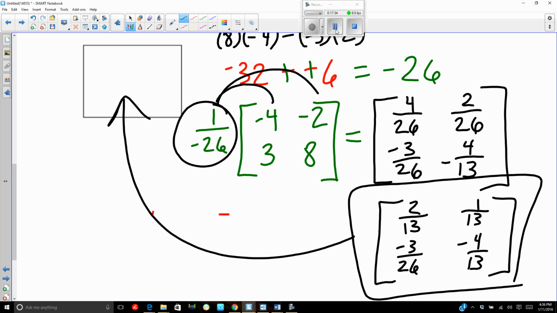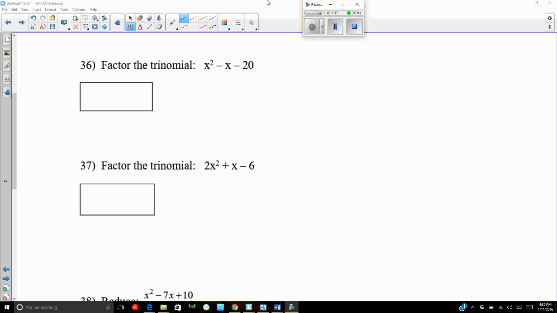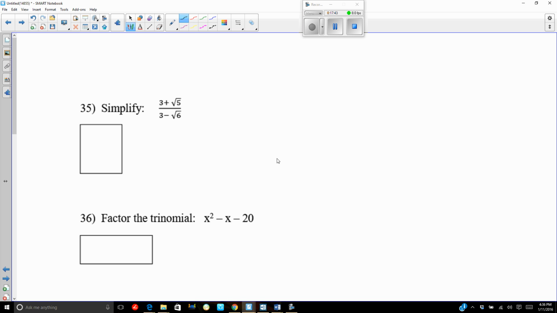All right, moving to the last page, I believe. So jumping ahead to number 36. Nope, not 36, 35. Simplify this one. This is not one we've done in class for about a week. So let's look at this one. To simplify, we need to eliminate all the radicals in the denominator.